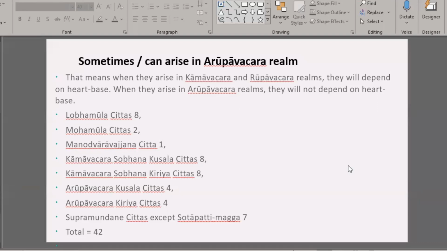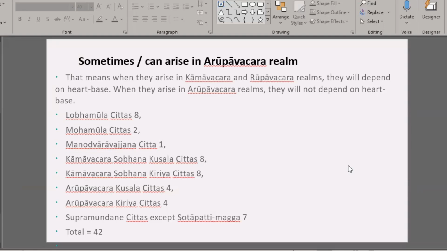What about Sotapatti Phala? For example, when they are reborn in the Arupavachara realm as stream enterers, they can attain their Phala Samapatti, attainment of fruition. When a stream enterer is reborn in the Arupavachara realm, before attaining the second level of Sakadagami, they can attain their attainment of fruition.